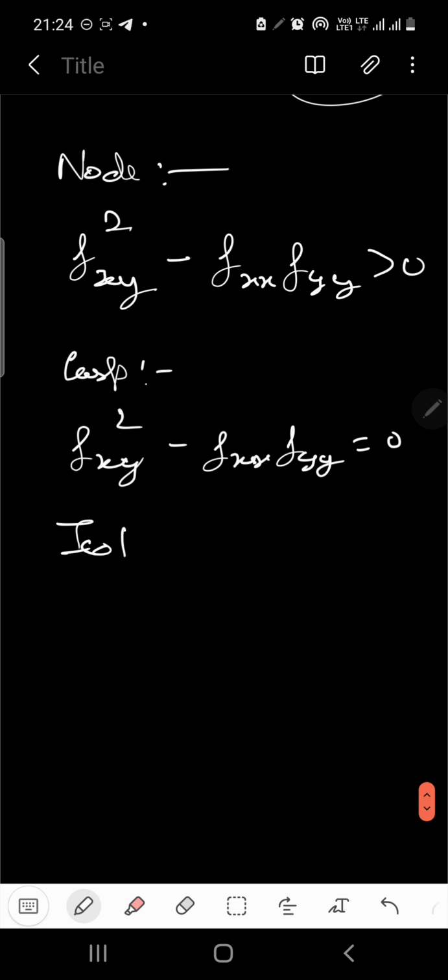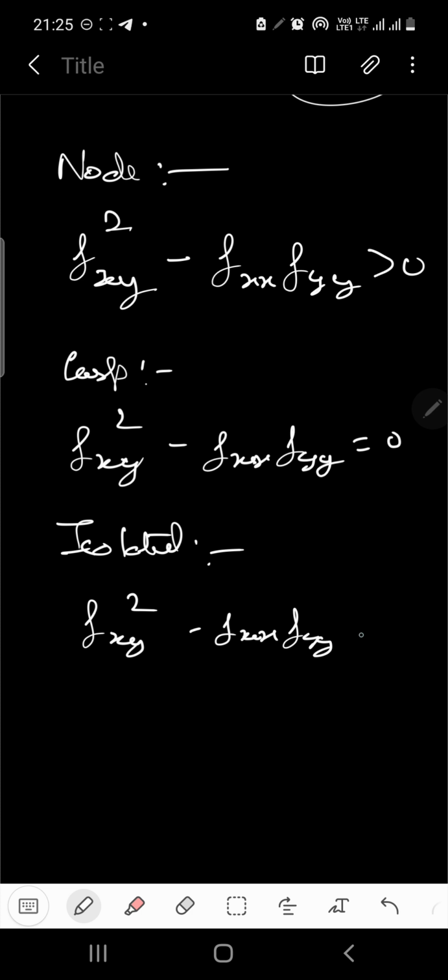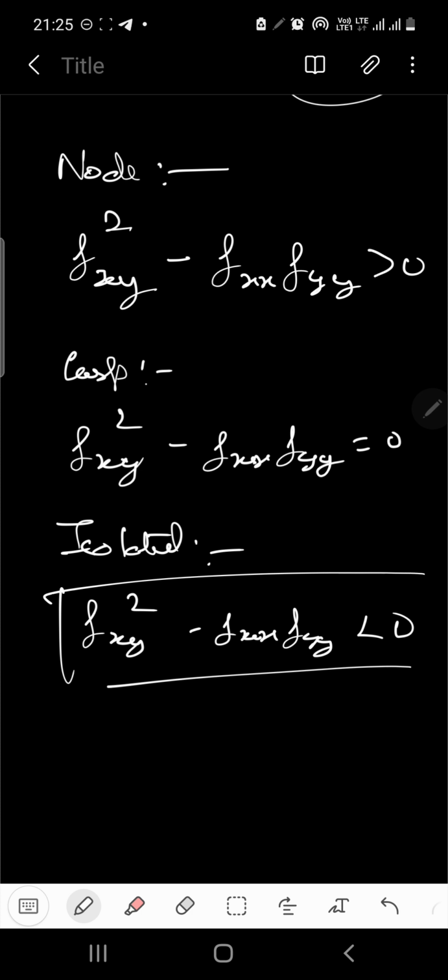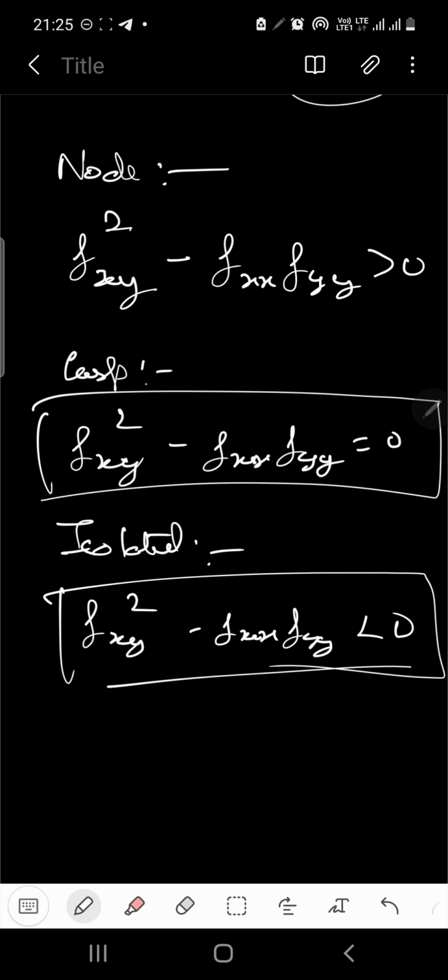And if you have an isolated point, then fxy square minus fxx times fyy will be less than 0. So these are the checks which you need to carry out in order to find the singular point at some point of the given curve. I guess I am clear, guys.